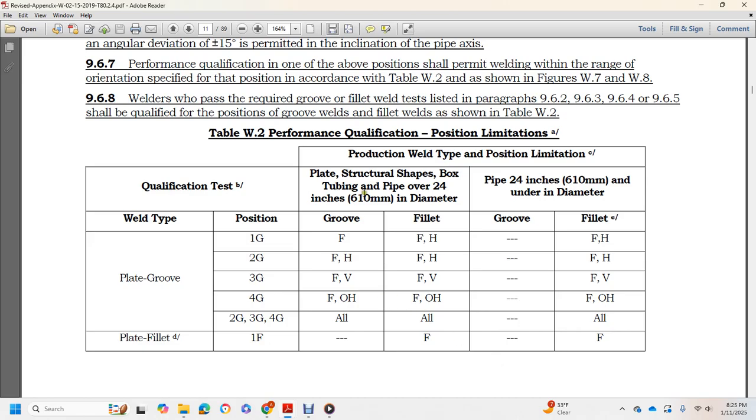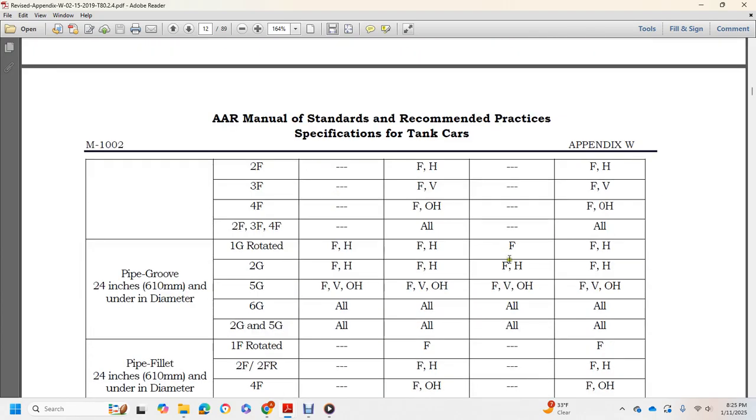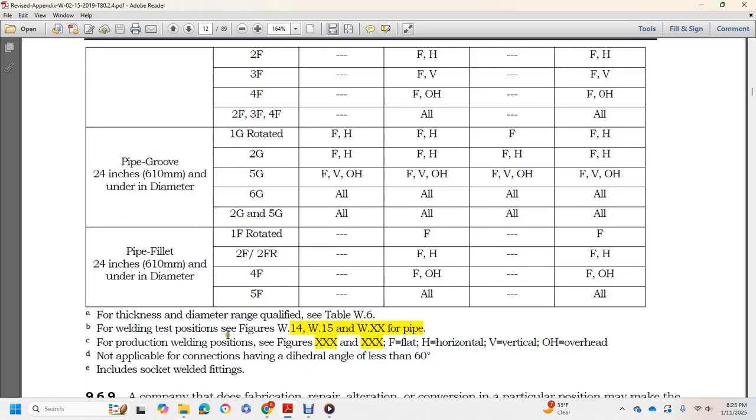Plate structural shape, box tubing, pipe over 24 inches in diameter, and pipe under 24 inches in diameter: no grooves, just fillets. Pipe groove, under 24 inches in diameter. Pipe fillet, under 24 inches in diameter.